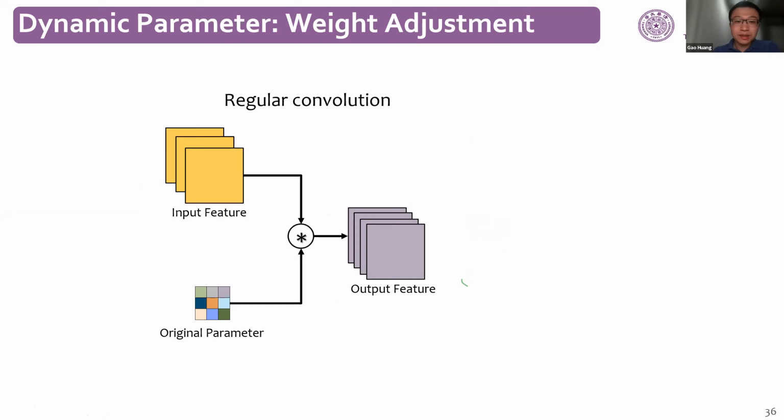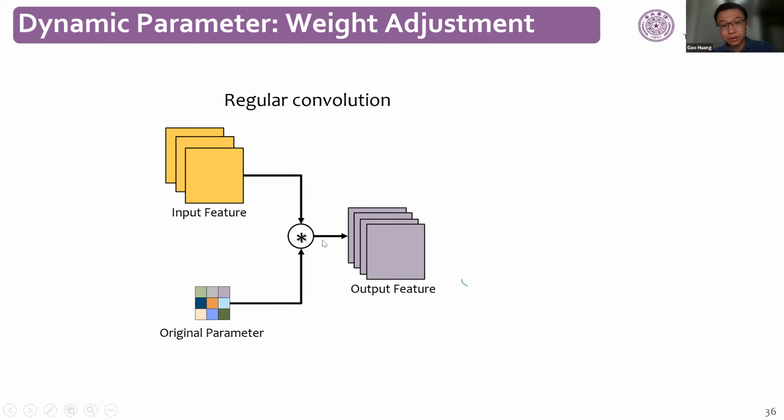So this is an illustration of a regular convolutional module. We have the input feature maps, and we have the convolutional filters. The parameters are applied to the input feature to get the output feature, and the operator here is called a convolution.